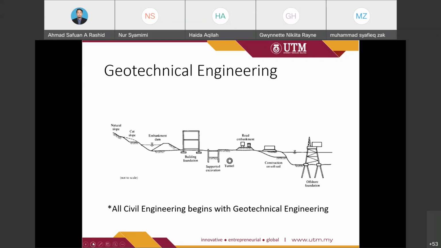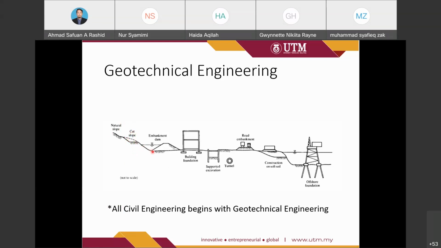Let me use the cursor, the highlight. From the natural slope, then we do a cutting, for example, if you want to develop the area, want to build roads. So we do a cutting, so we have disturbed this slope, so we consider it a man-made slope.